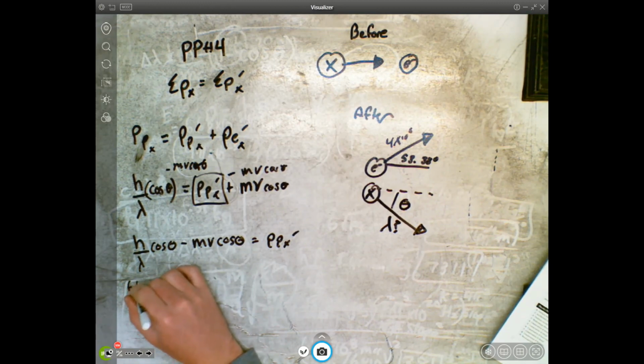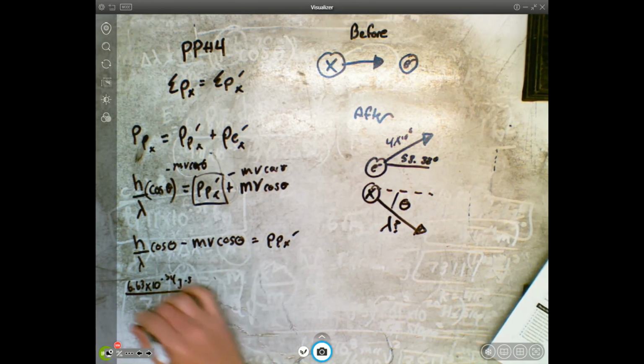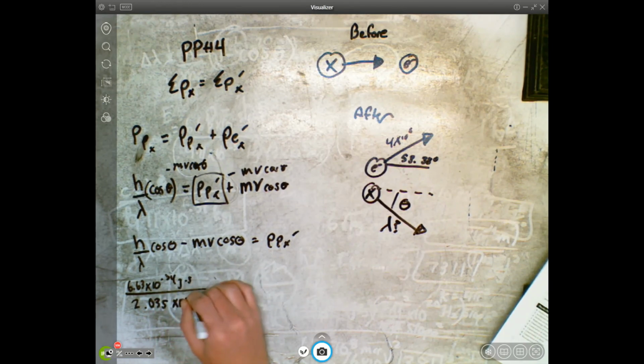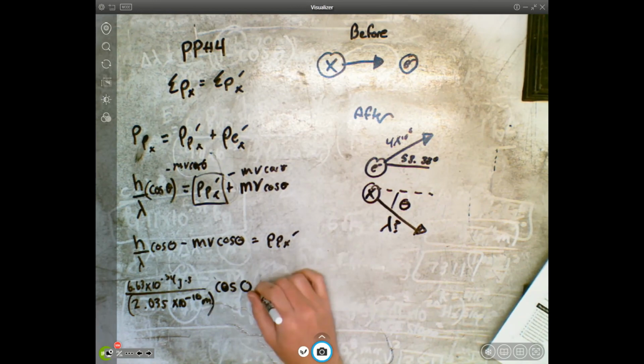So 6.63 times 10 to the negative 34 joule seconds divided by our initial wavelength, which is 2.035 times 10 to the negative 10 meters. And then our original angle is 0 degrees. It's going straight east.